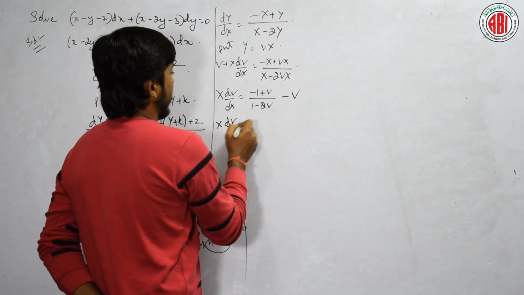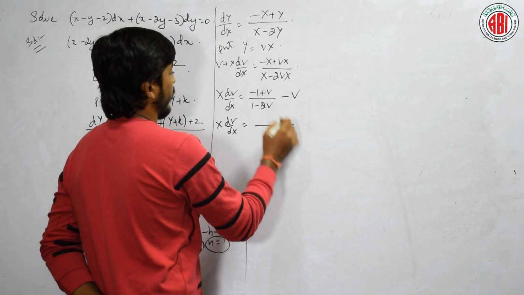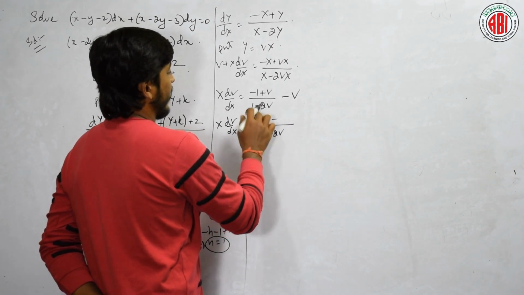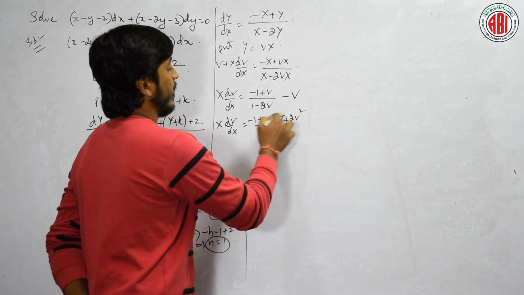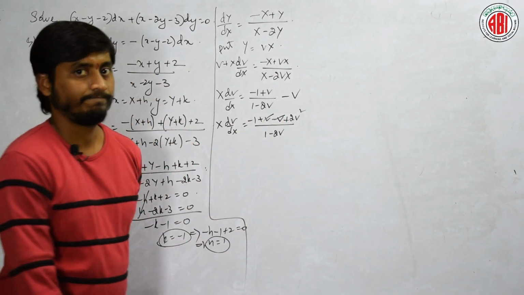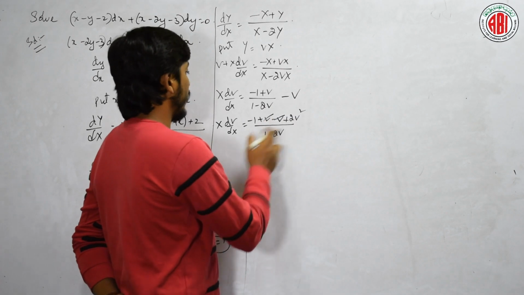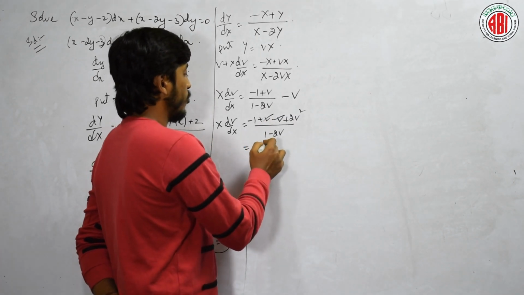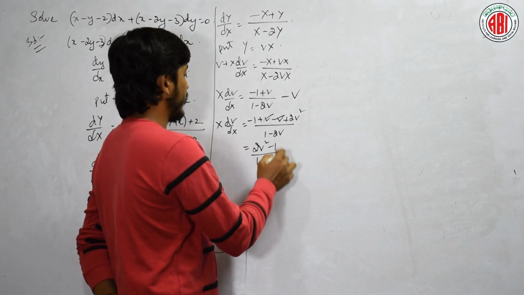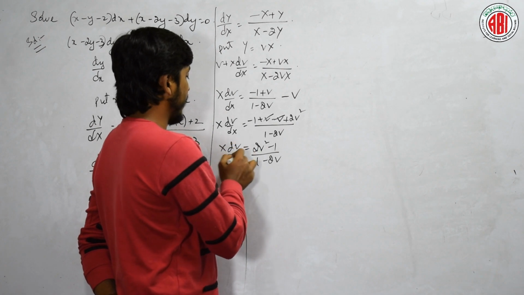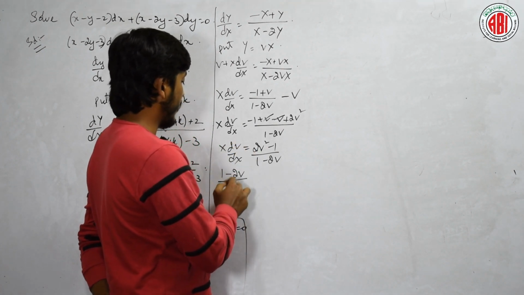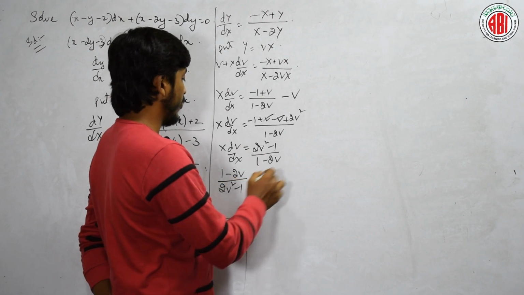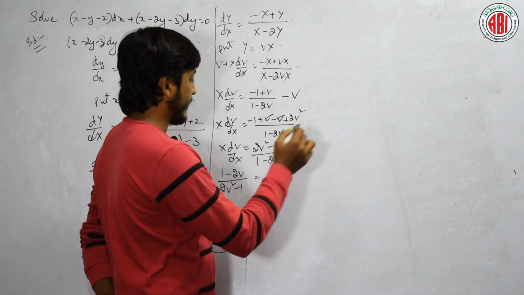x dv by dx is equal to 1 minus 2v minus 1 plus v, minus 2 minus plus 2v square. These both will get cancelled. Okay. Now, therefore, we will be left with 2v square minus 1 by 1 minus 2v. This is x dv by dx. Now, to cross multiply, (1 minus 2v) by (2v square minus 1) is equal to dx by x.